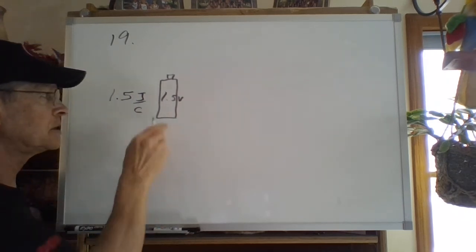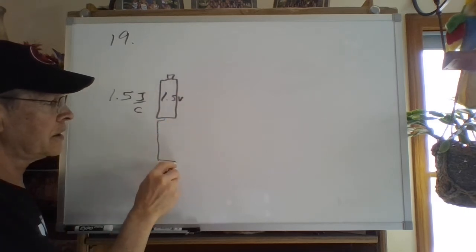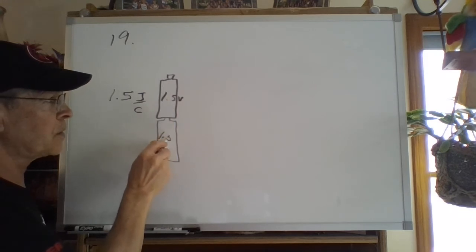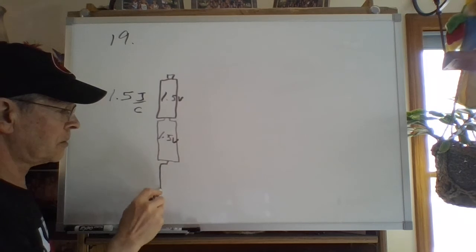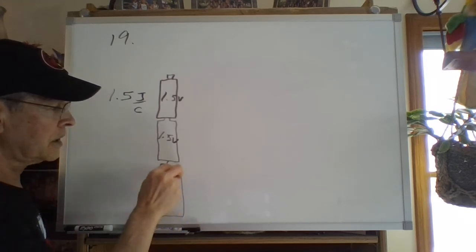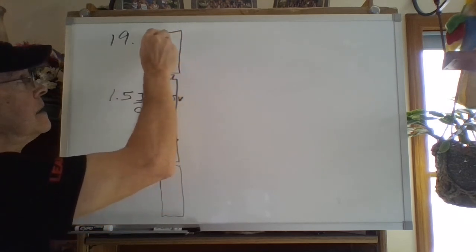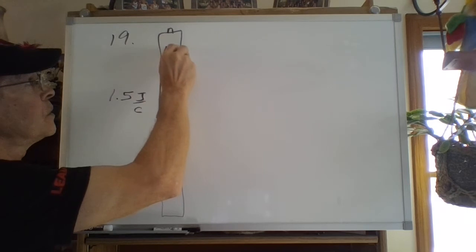What if we stacked them? What if we had another one down below and every coulomb here gets energized by 1.5 volts, and every coulomb of the battery underneath it goes. And by the way, they don't have to be stacked like this. But 1.5 volts.